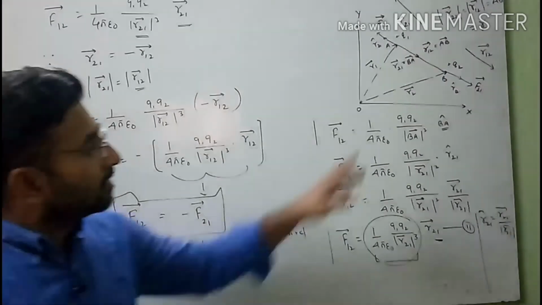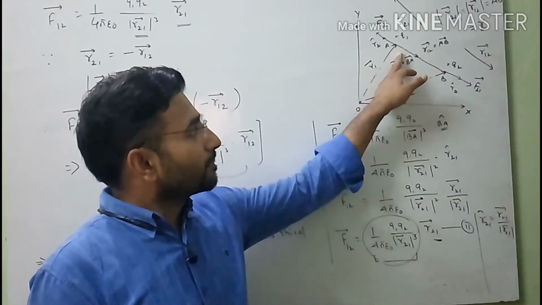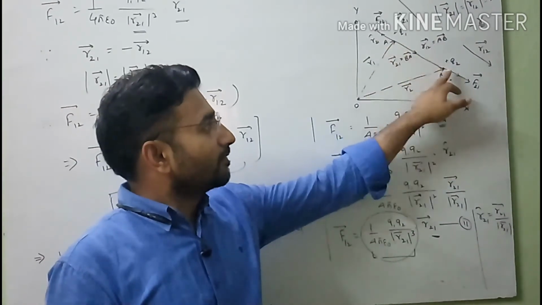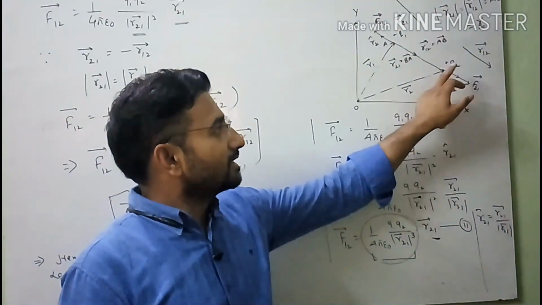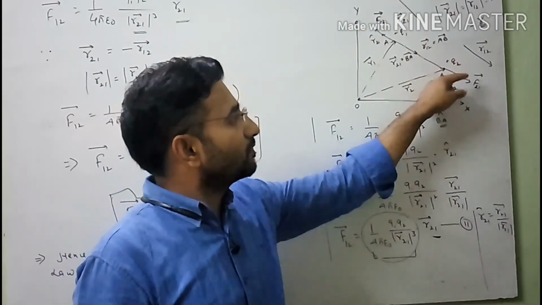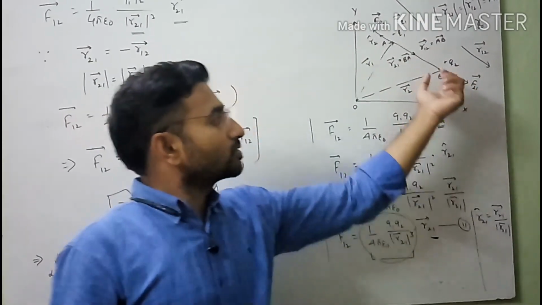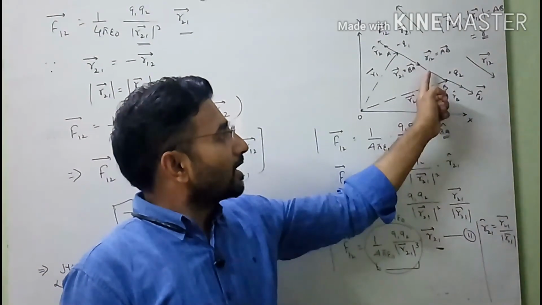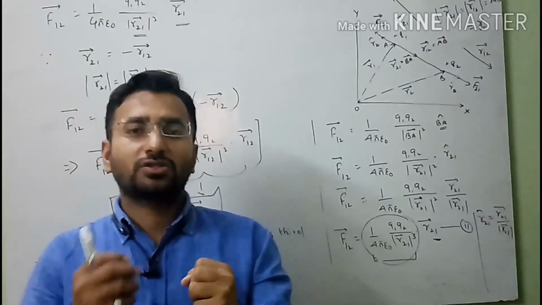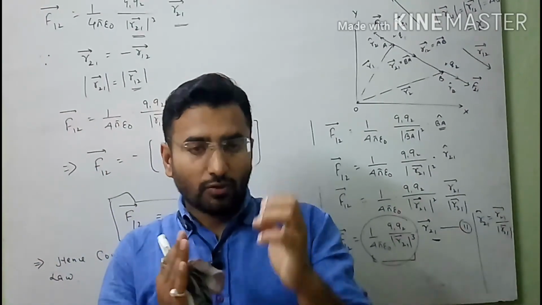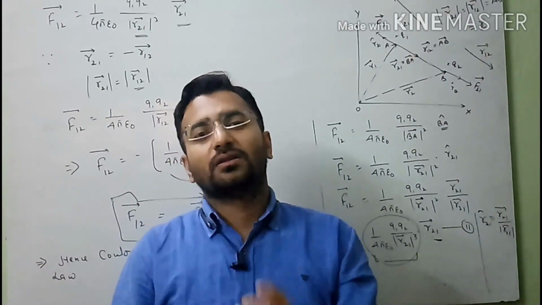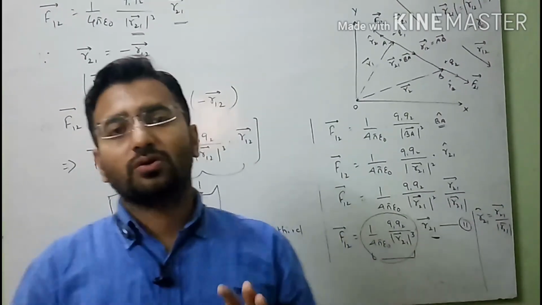It means that the magnitude of force of interaction on this charge with the help of the second charge is the same as the magnitude of the electrostatic force or electric force or Coulomb force applied by this Q1 on Q2. Means both charges apply a force which is equal in magnitude to each other. Means both charges apply equal force to each other.